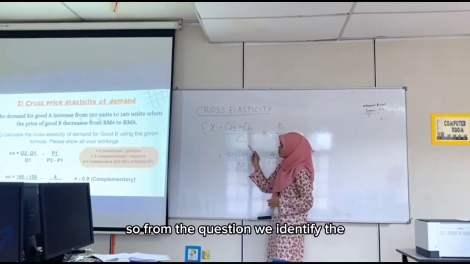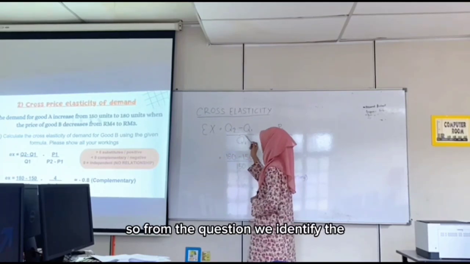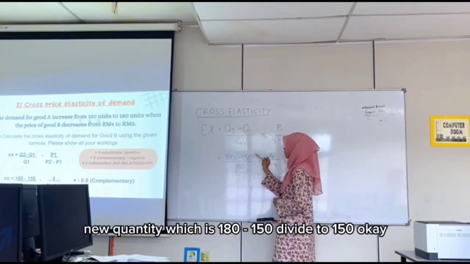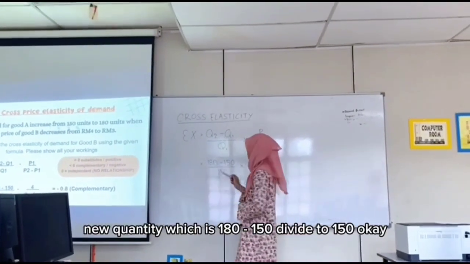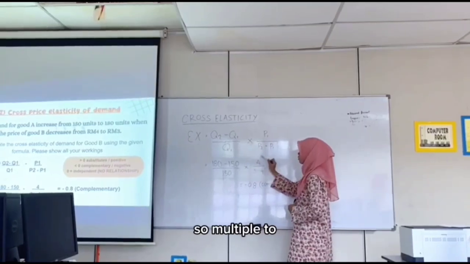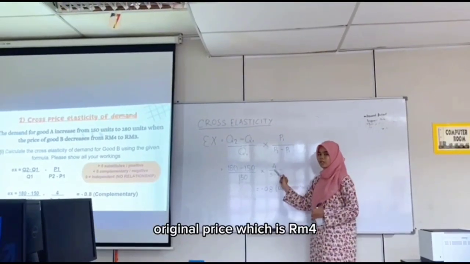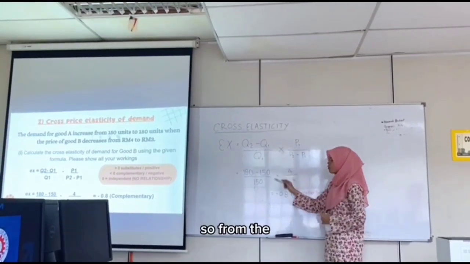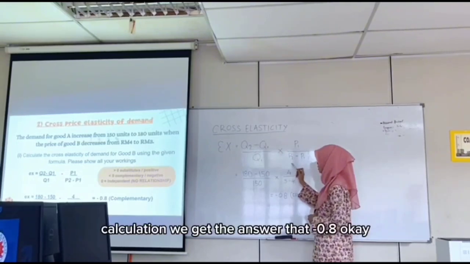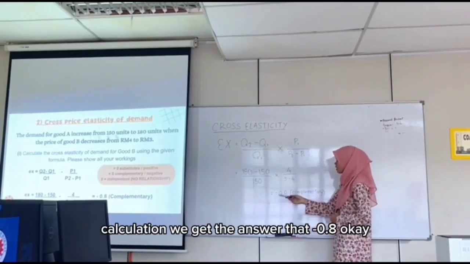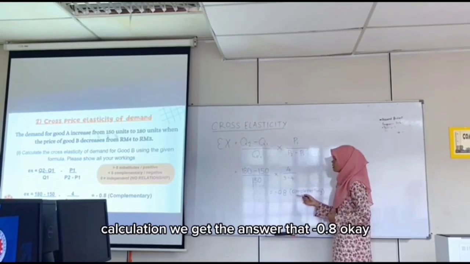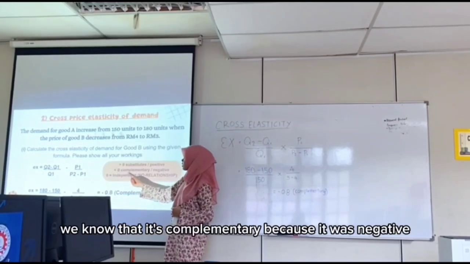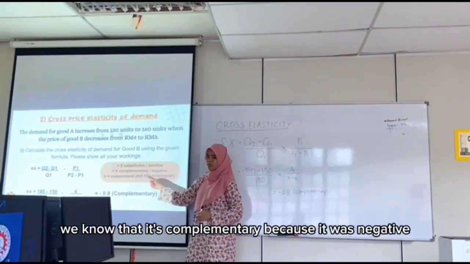From the question, we identify the new quantity, which is 180, minus 115, divided by 115. Then multiply by the original price, which is 4 ringgit, divided by 3 ringgit minus 4 ringgit. From the calculation, we get the answer negative 0.8. So negative 0.8, we know that is complementary because it was negative.